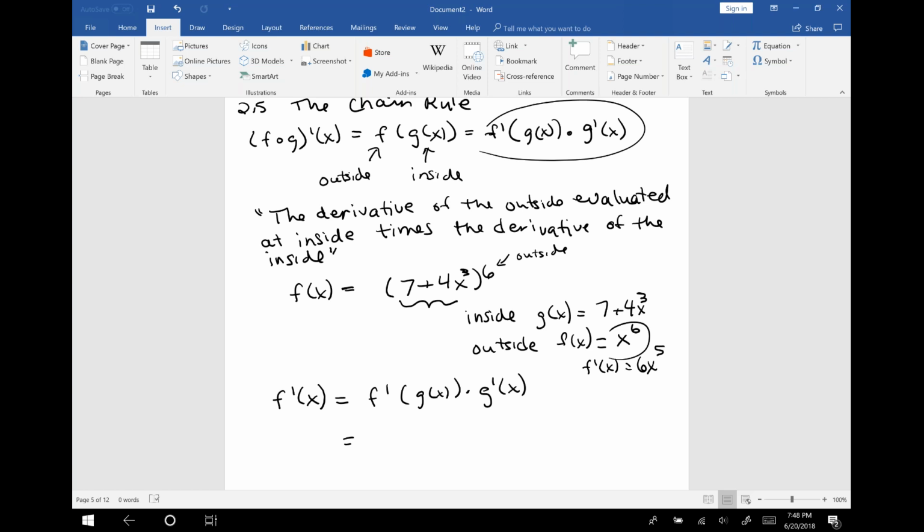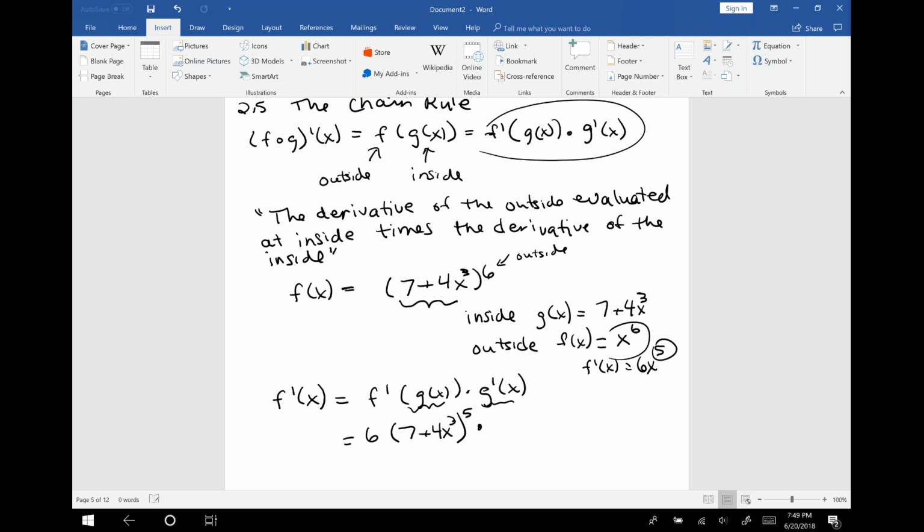We bring the 6 to the front of the function, but we're not going to write it as x because x isn't our inside function right here. So we're going to evaluate this at the inside function, this g of x. That means that we're going to just copy the g of x, the inside function, which is 7 plus 4x cubed. And now we have to raise that to the 5th power. So that's what I mean by the derivative of the outside. Bring that 6 to the front, decrease the exponent by 1, and at the inside you just copy that inside function.